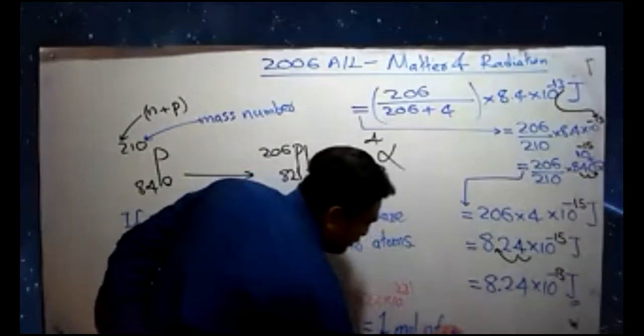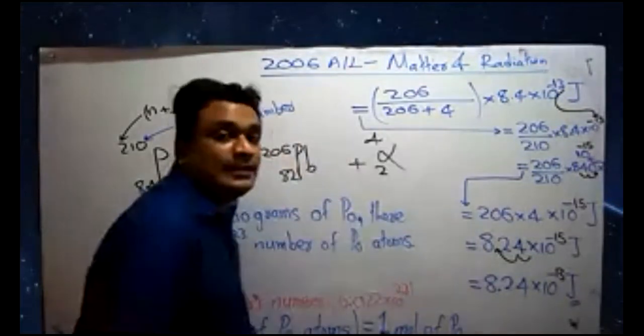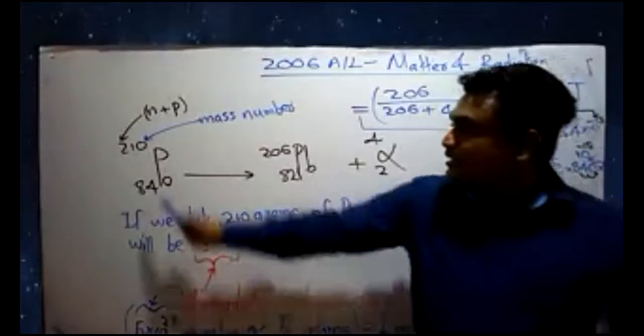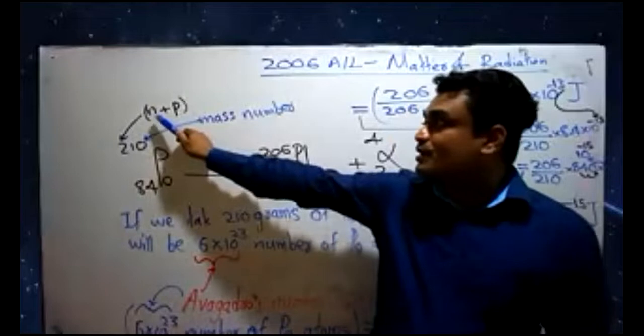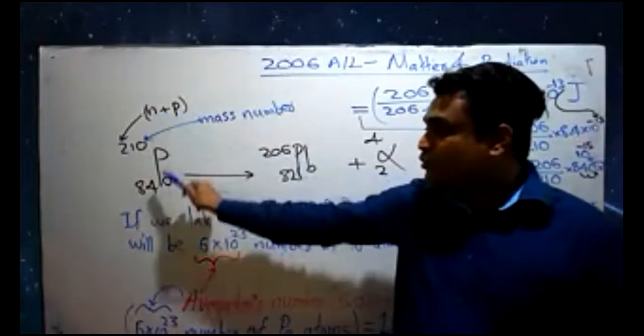This is the theory. What are the things here? This 210 is the summation of number of neutrons and number of protons in the nucleus.